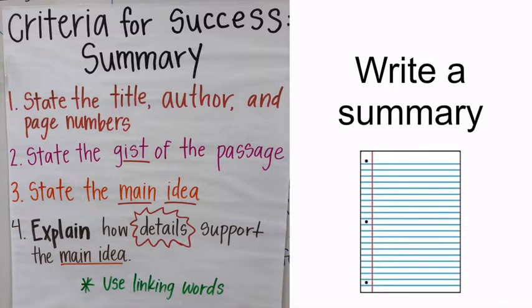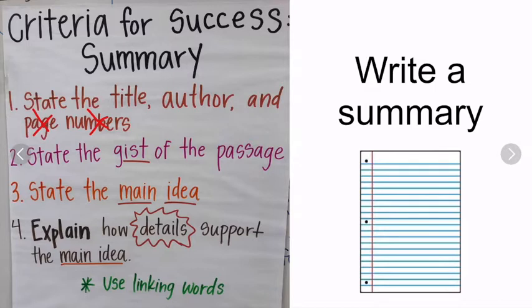Now, we don't have page numbers on this text, so you don't need to worry about that. You just need to state the title and the author in your introduction. Then you need to state the gist of the passage. So you need to say a little bit of background about what the whole passage is about. Then state the main idea. You can use the main idea sentence you just wrote in the comments.